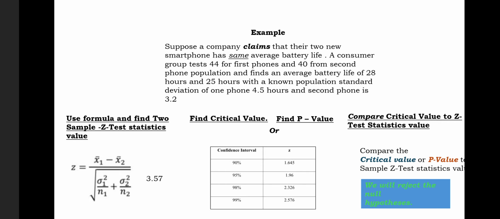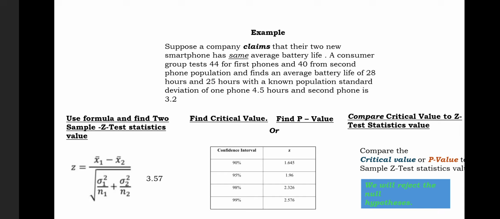So after doing all these steps, this is the way we make our decision in a Z test. We have to remember that we follow the same procedure for the one sample Z test as well. The only things that change are our hypothesis and our formula.